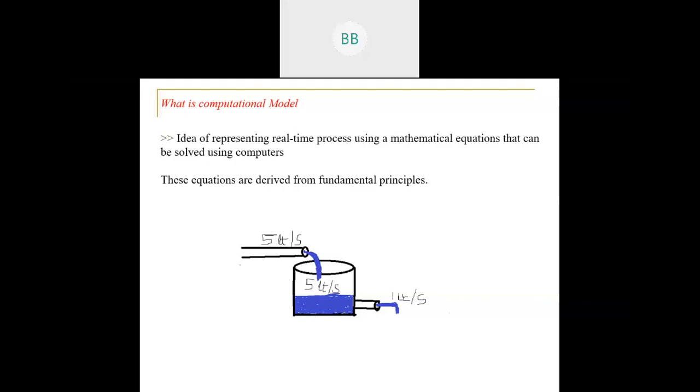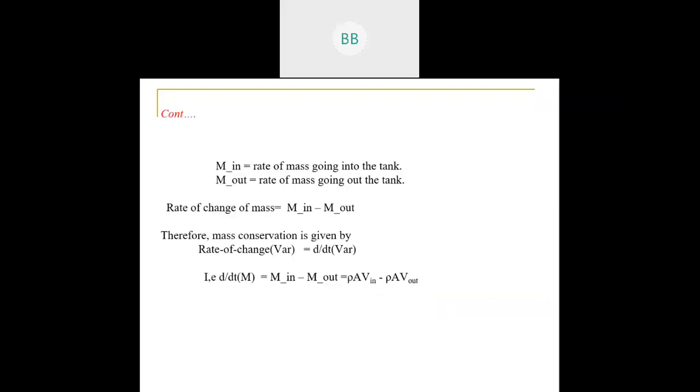To derive an equation for this problem that can be solved using a computer, let me consider variables instead of numbers. Let min be the variable that represents the rate of mass going into the tank, and mout is another variable that represents the rate of mass going out of the tank.